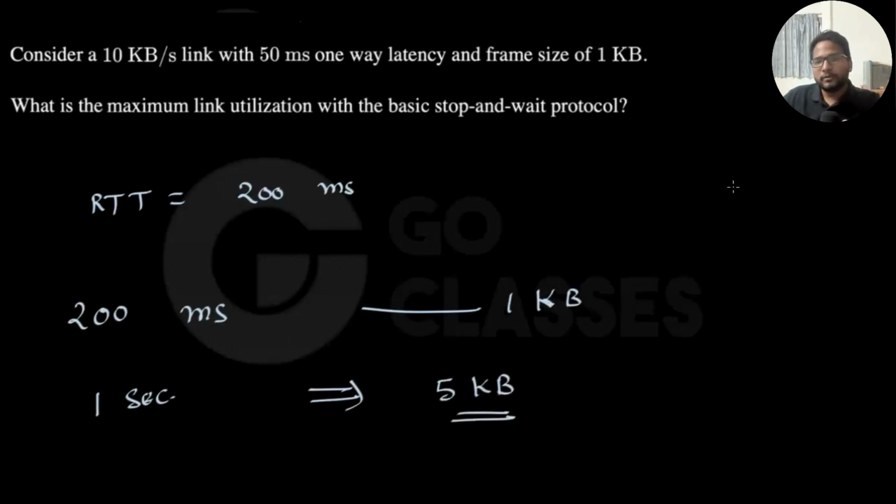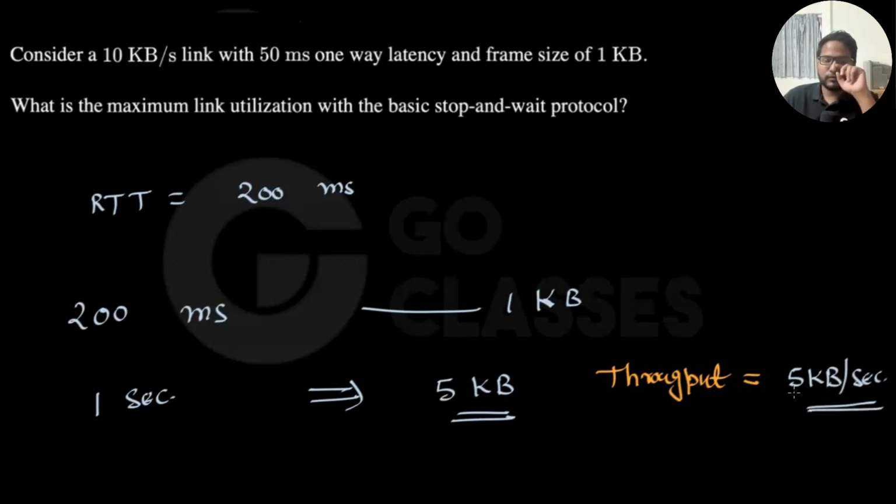So what is the throughput? Now, can you tell me the throughput? Throughput is 5 kbps, because how many bytes you are actually sending in 1 second is the throughput.